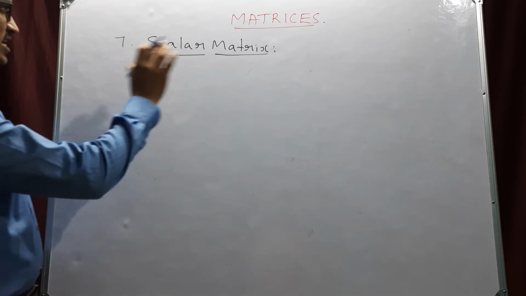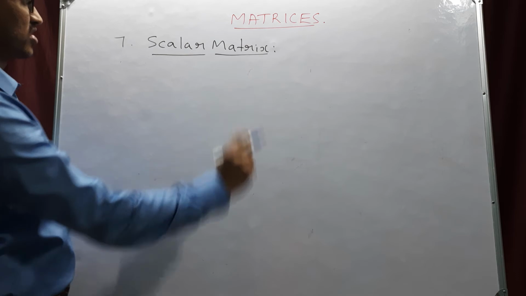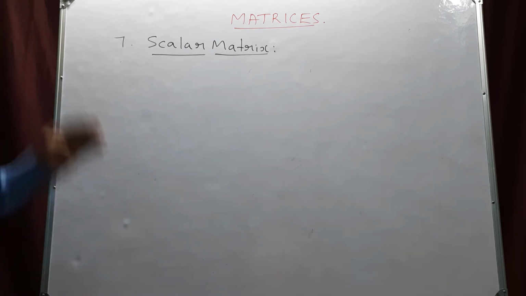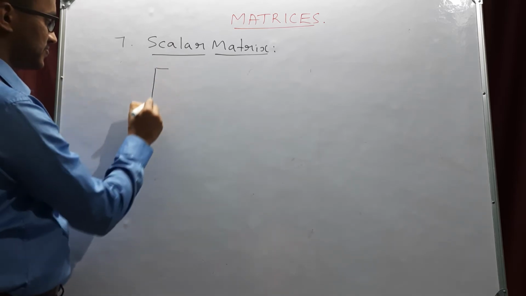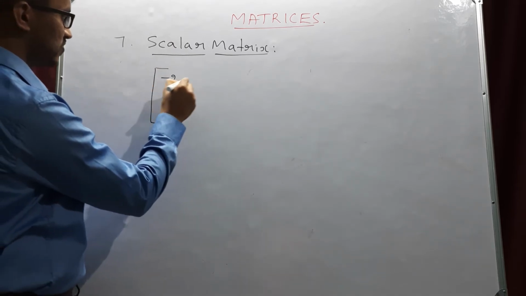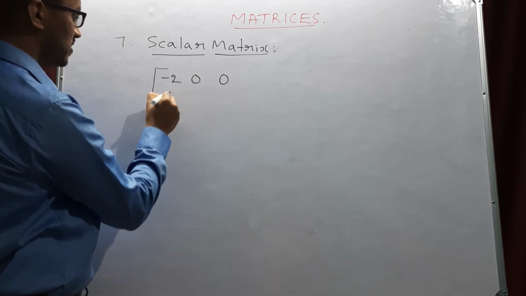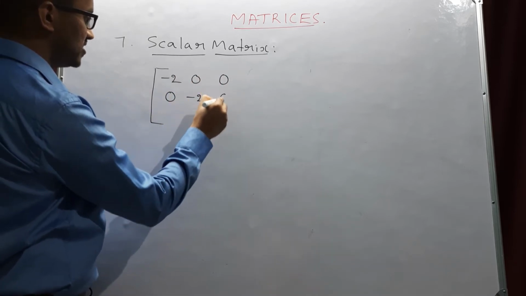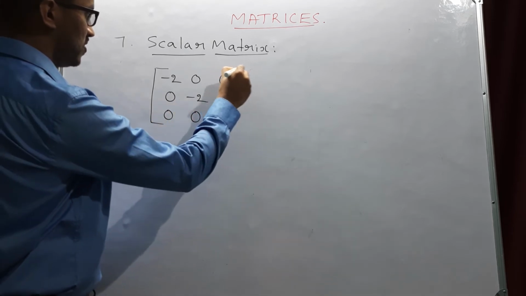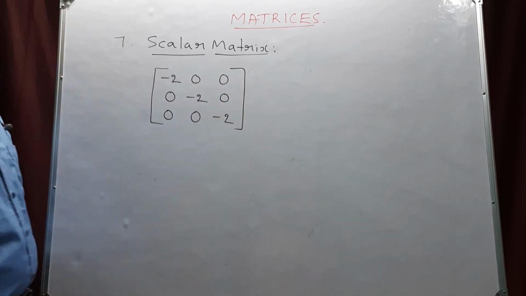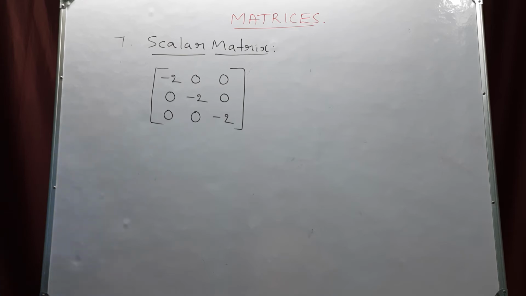So any diagonal matrix we call a scalar matrix if the diagonal elements are the same. Consider the example: -2, 0, 0, 0, -2, 0, 0, 0, -2. It is an example of a scalar matrix.